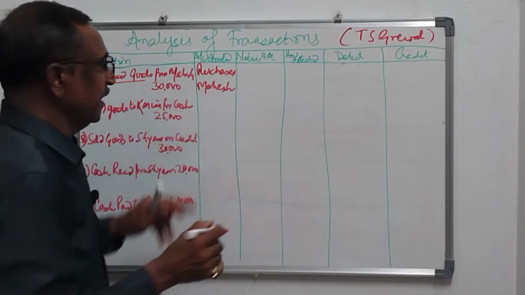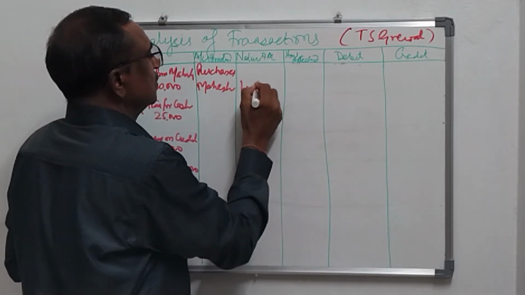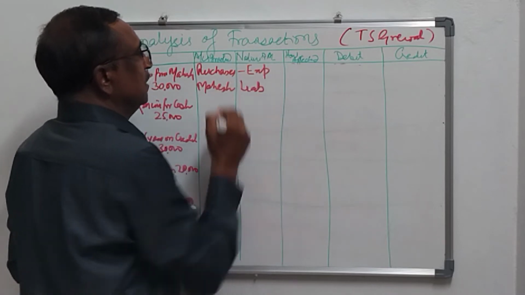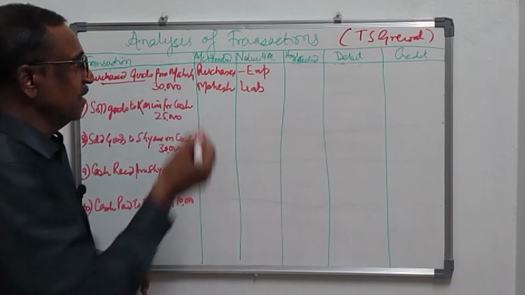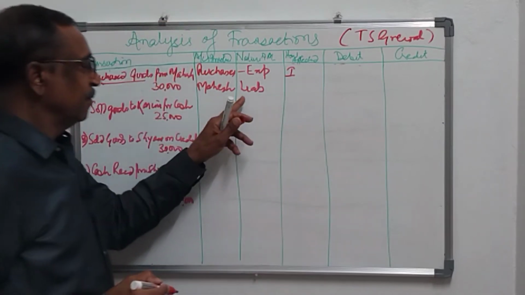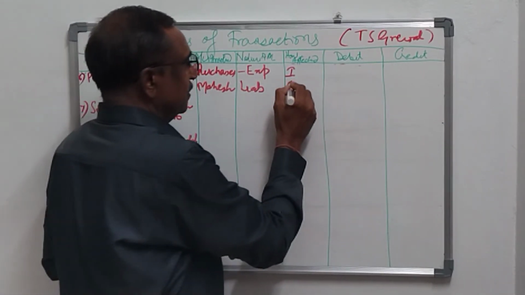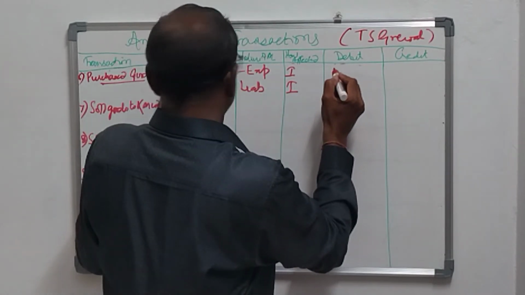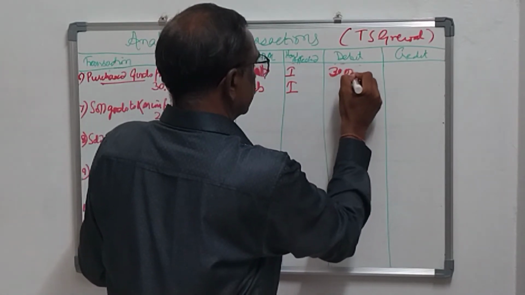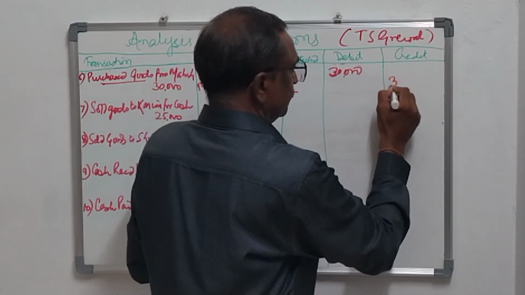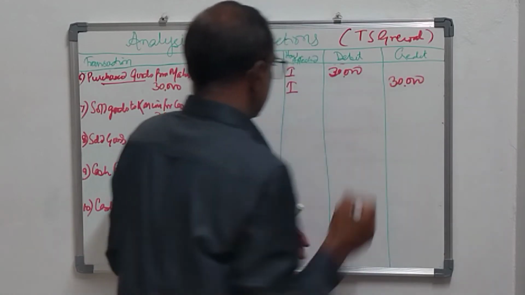That means you are incurring liability, and purchases is your expense. Since you are purchasing, your expenses are increasing, and liability is also increasing. So increase in expenses is debited, and increase in liability is also credited. Okay.